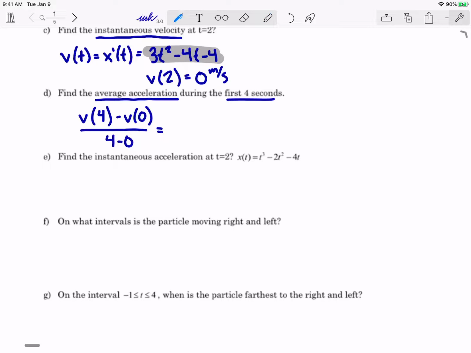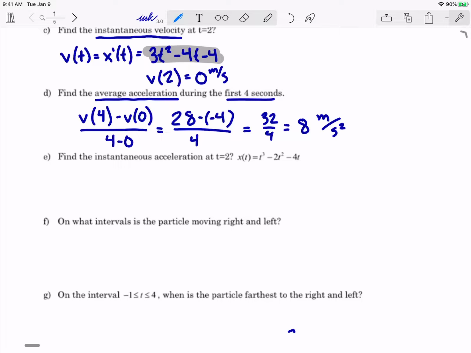Okay, that was our velocity function. We're going to plug in 4 and then plug in 0. So we end up with 28 minus negative 4 over 4. So we end up with 32 over 4, or 8. And the units for acceleration are meters per second squared.